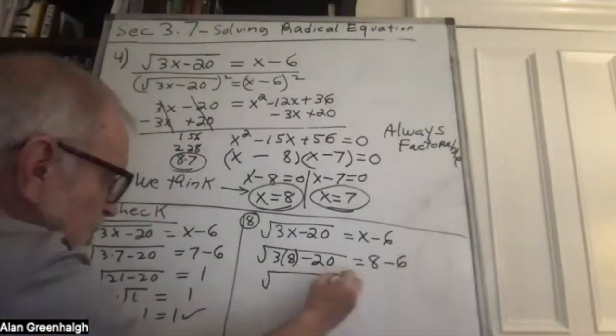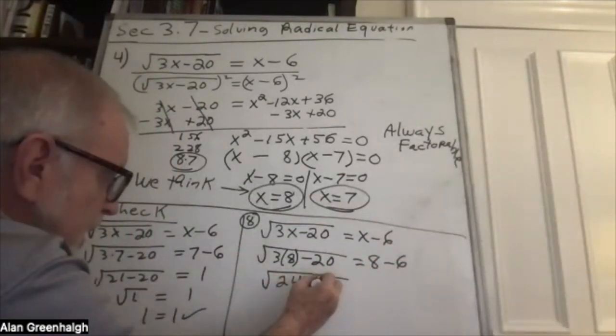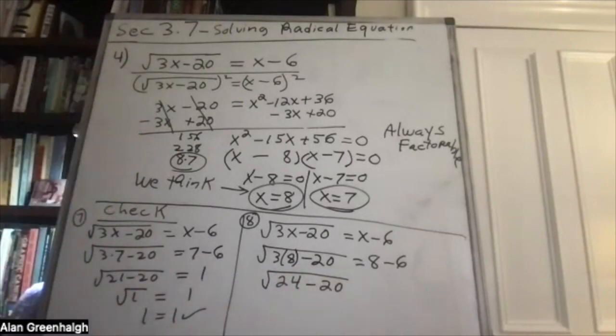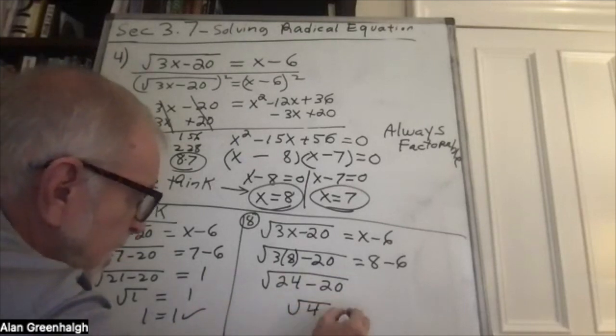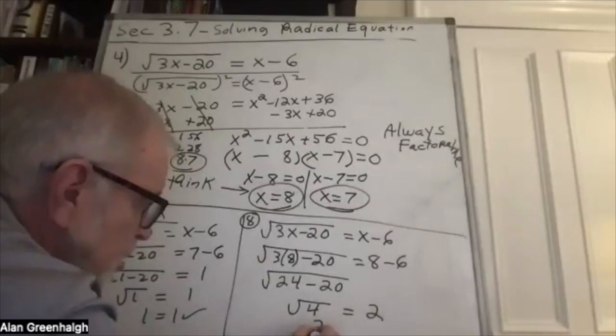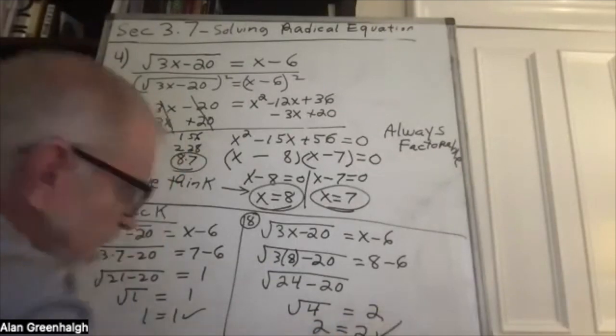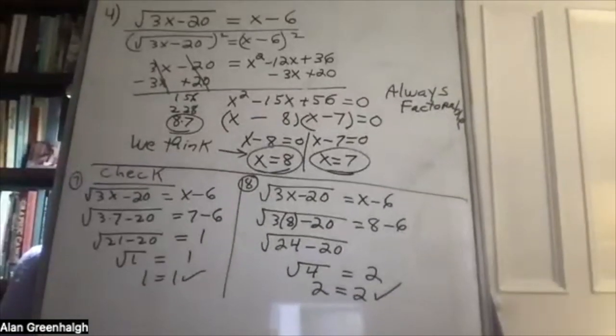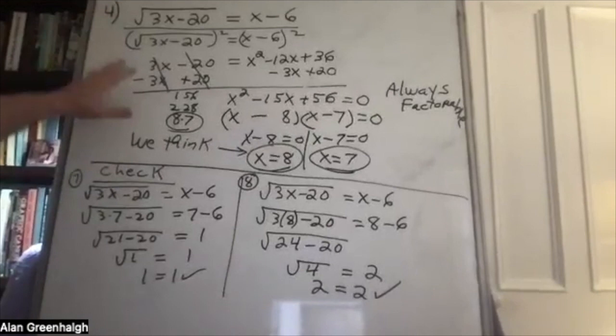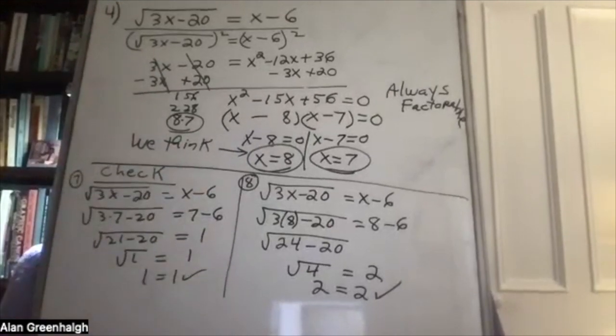The square root of 24 minus 20, the square root of 4 equals 2. 2 is equal to 2. And that checks. So that works out very nicely. And that's how you do this type of problem. It's the whole thing.